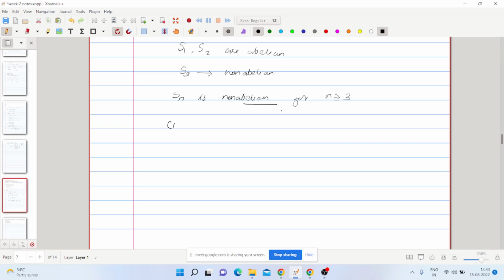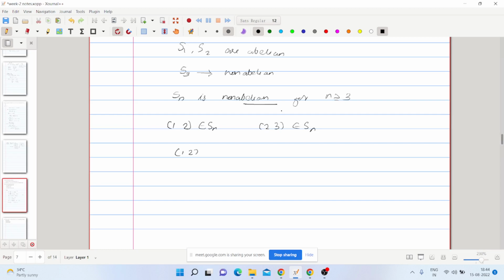Take whatever n, we can take (1 2). (1 2) is a cycle in Sn, right? And (2 3). Since n is at least 3, we take the three elements 1, 2 and 3, so we have two elements in Sn, the cycle (1 2) and the cycle (2 3).